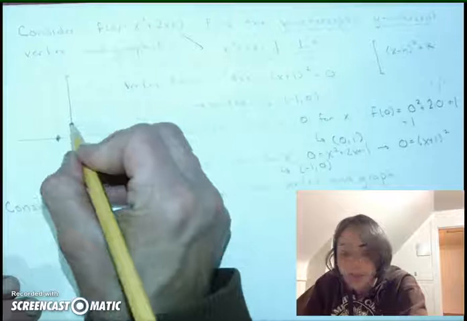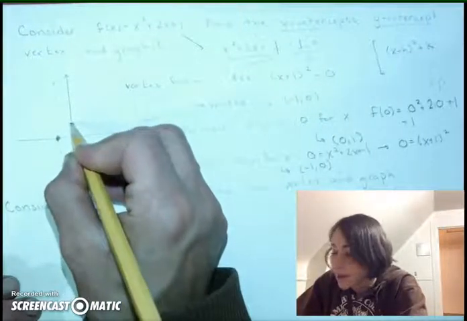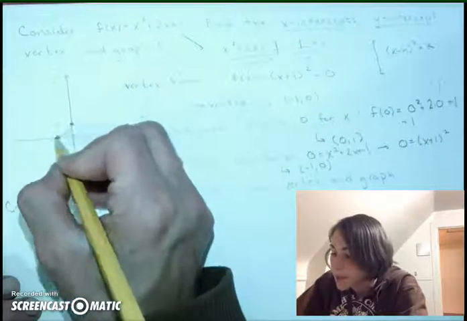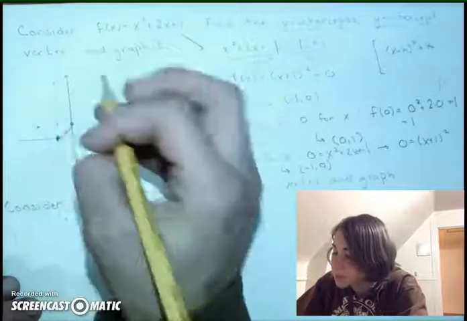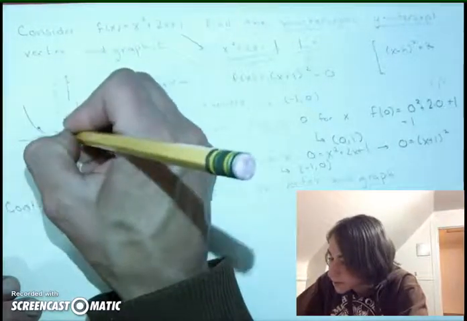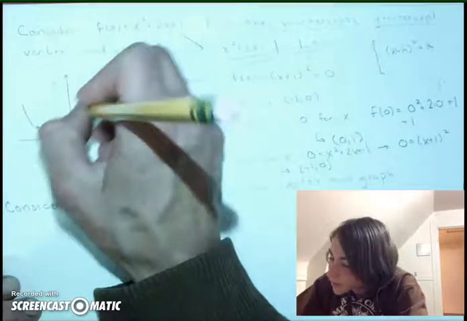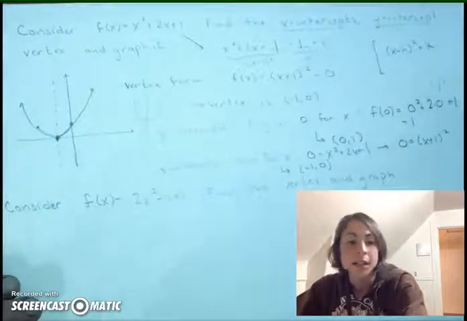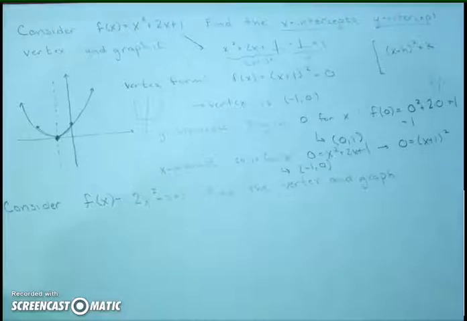So if I know a point here, which is 1 to the right and 1 up, I know that's on my parabola, then I know that there should be a point that's 1 to the left and 1 up. So this gives me 3 points which determine the graph of my function. So there you go. Let's try another example, and I'll put my face away so you can see the notes.